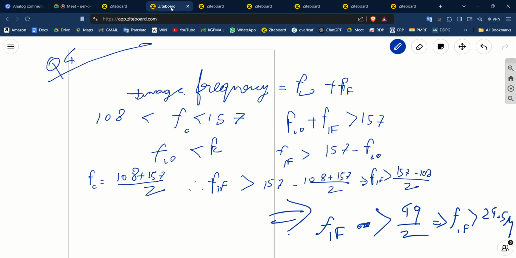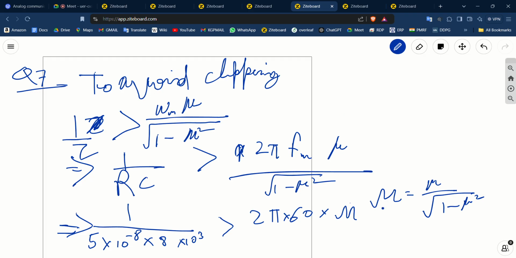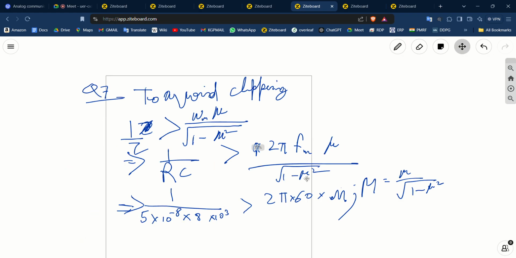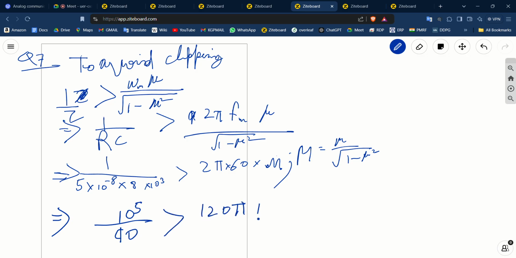Here we substitute m as mu by root 1 minus mu square, and thus we get 5 eights are 40, so 40 into 10 to the power minus 5, inverted, gives 10 to the power 5 by 40, which is greater than 120 pi m.